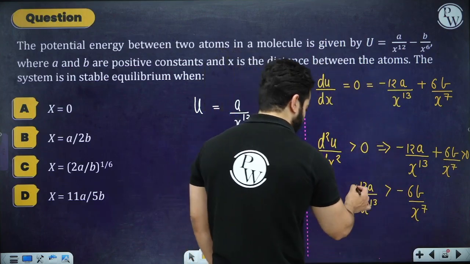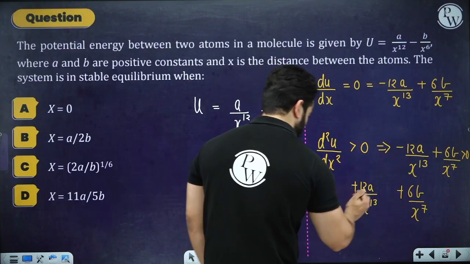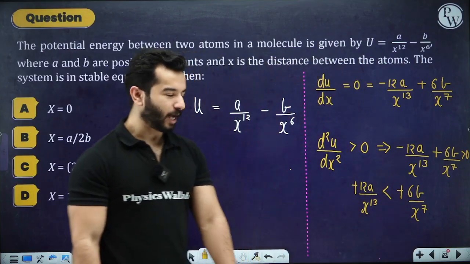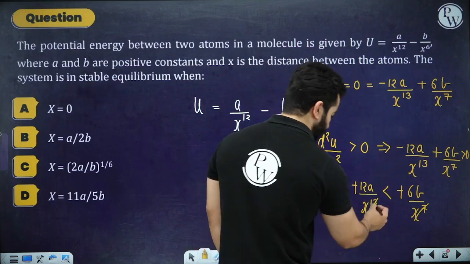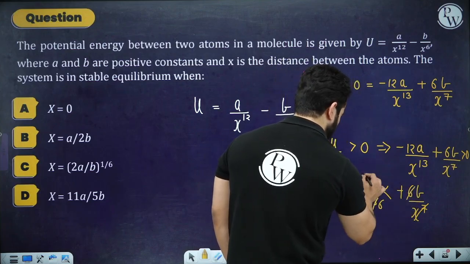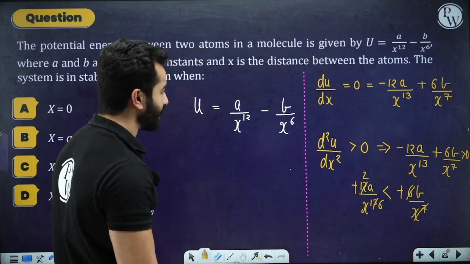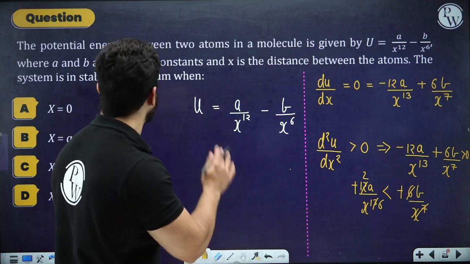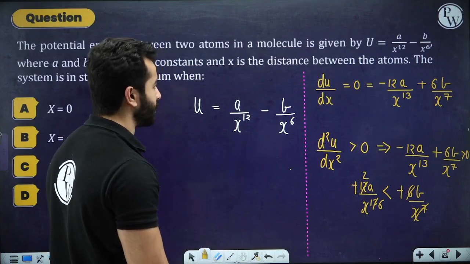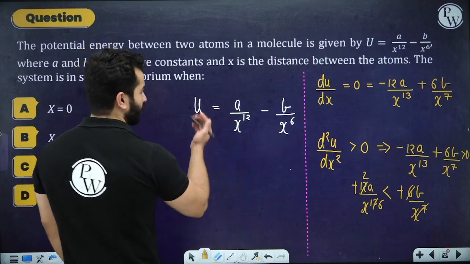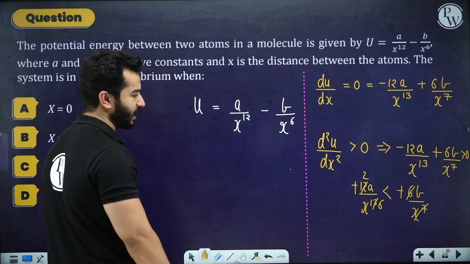And when you cancel these things, please don't forget to change the sign of the inequality. If you're not going to do that, bad luck for you. So this is going to be around 6, this is going to be 2, right? This is one of the cases, and I think we are going to get the stable equilibrium answer for the first one only. You don't have to worry about that. This will be in stable equilibrium only. That's what they are saying, right? So we are going to get our answer from there only.